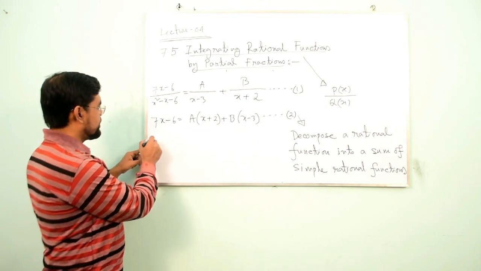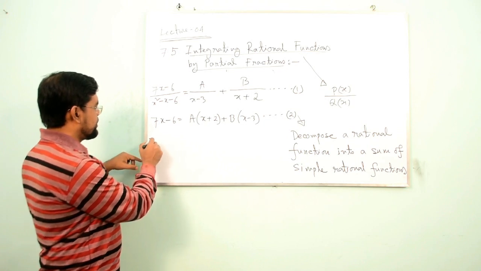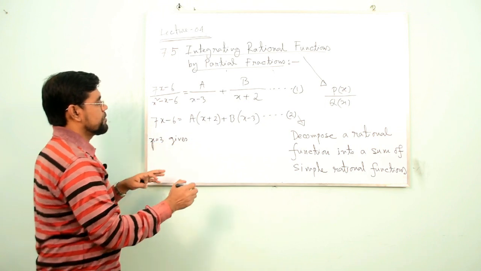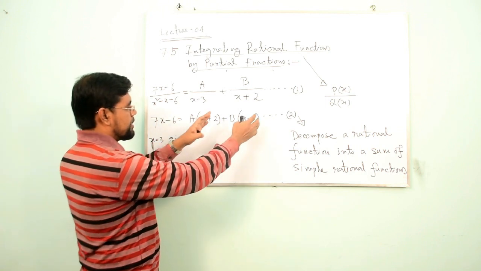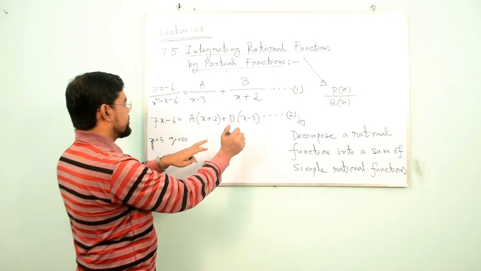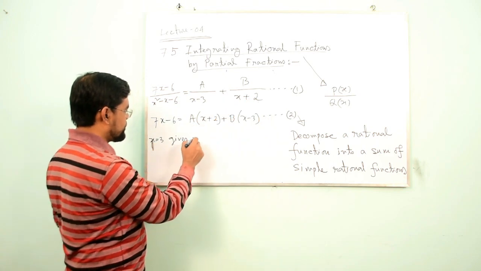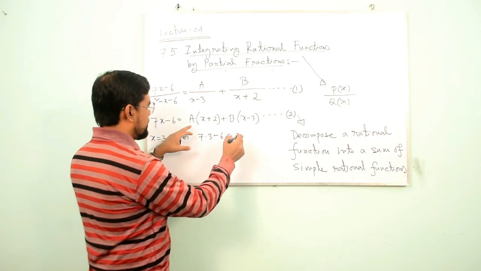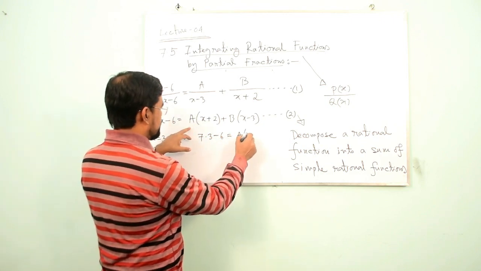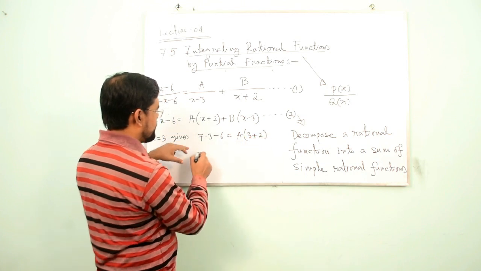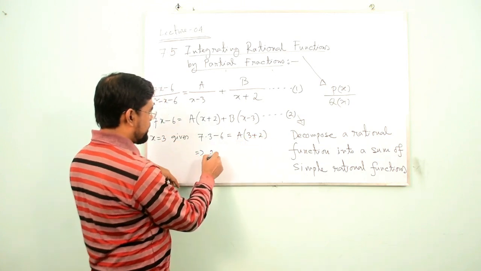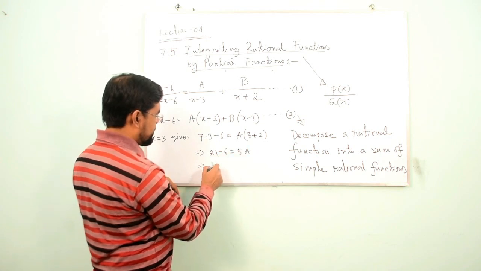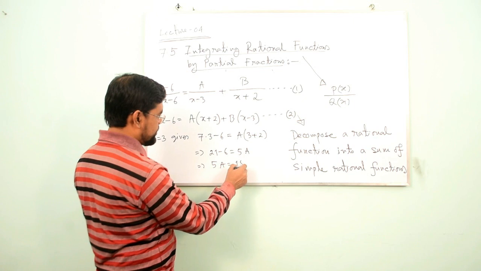For example, x equals 3 gives, if you consider x equals 3, then this part will vanish. So x equals 3 gives 7 into 3 minus 6 equals a into 3 plus 2. This implies 21 minus 6 equals 5a. This implies 5a equals 15.